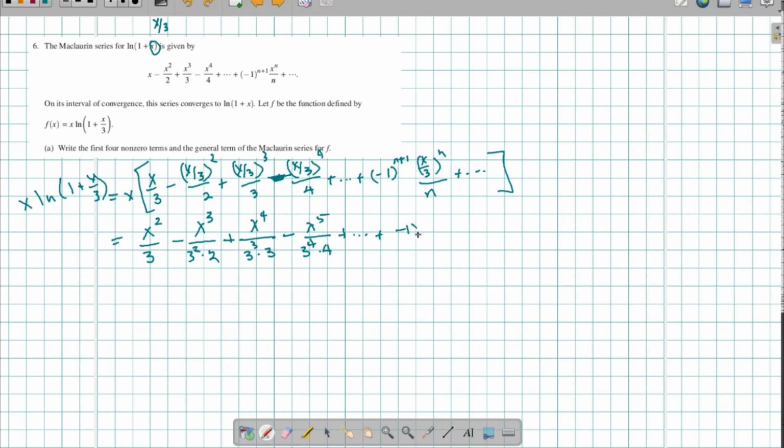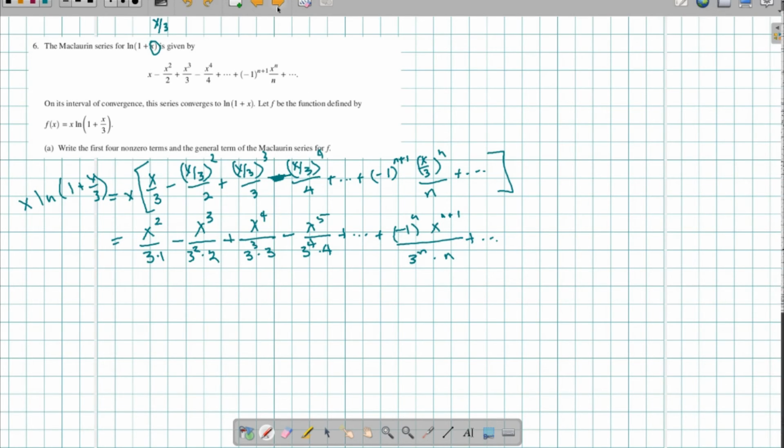And this is going to be negative 1 to the n, x to the n plus 1 over 3 to the n times n. So that's going to be my expression. There are my first 4 non-zero terms. Of course, there's a 1 there that I didn't need to write, but it makes it easier to identify the pattern. And so that's part A.